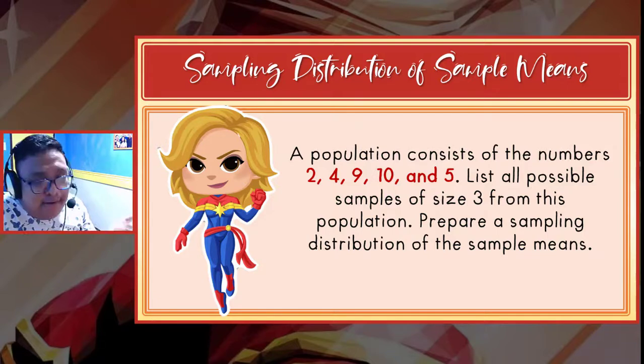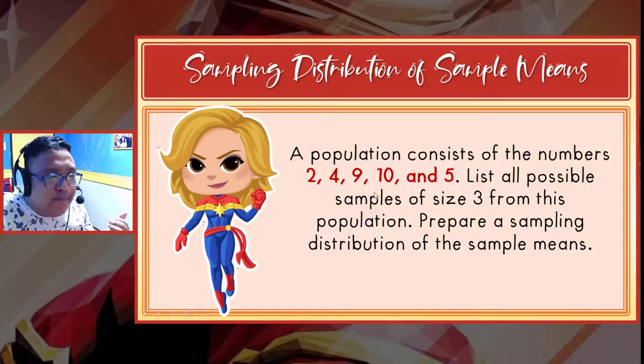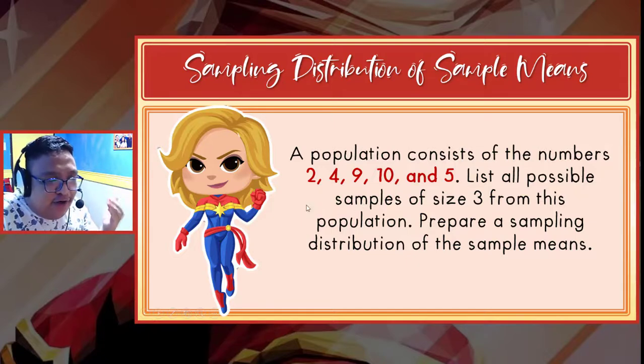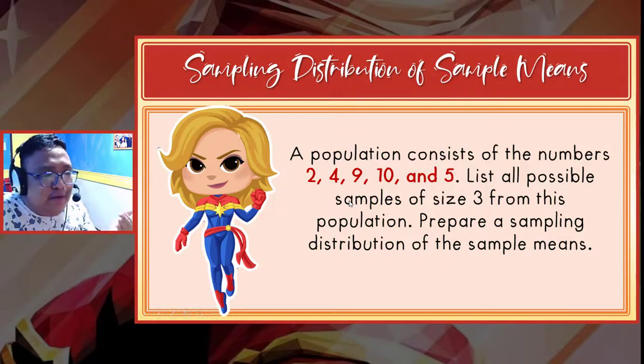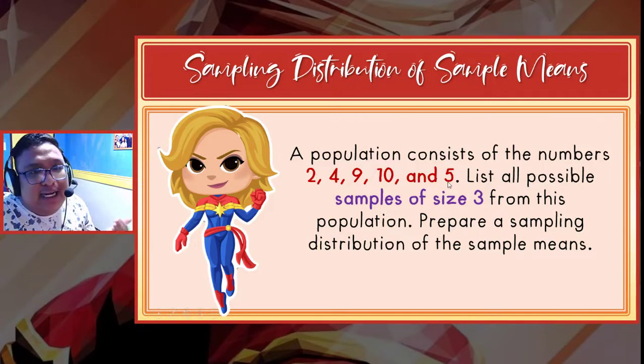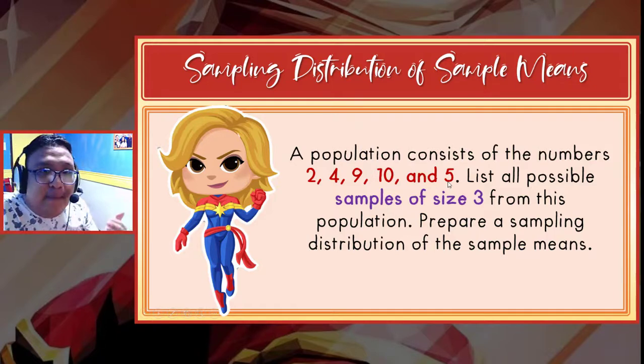Ang sabi sa atin, we have to list all possible samples of size 3. Ibig sabihin ng possible samples of size 3, yun yung sample size natin. So, ibig sabihin sa 2, 4, 9, 10, 5, ililista natin yung tigatlong possible combination of 3.